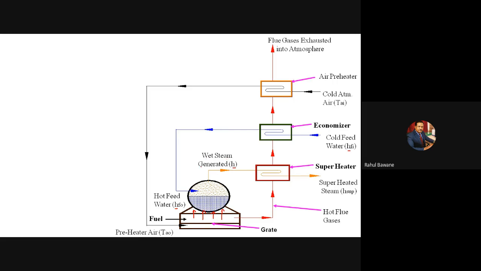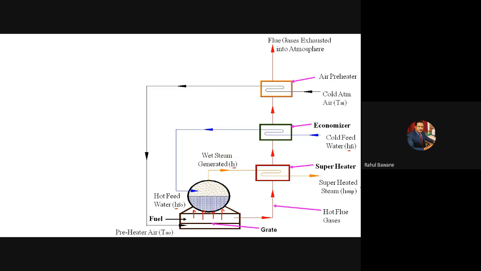When this wet steam is supplied to the superheater, exhaust gases again supply heat and it becomes superheated. Superheated means it does not have any water moisture and its temperature is increased.